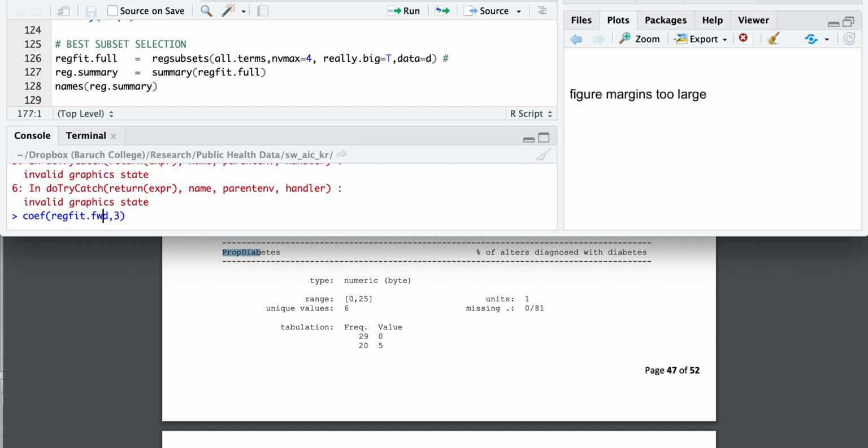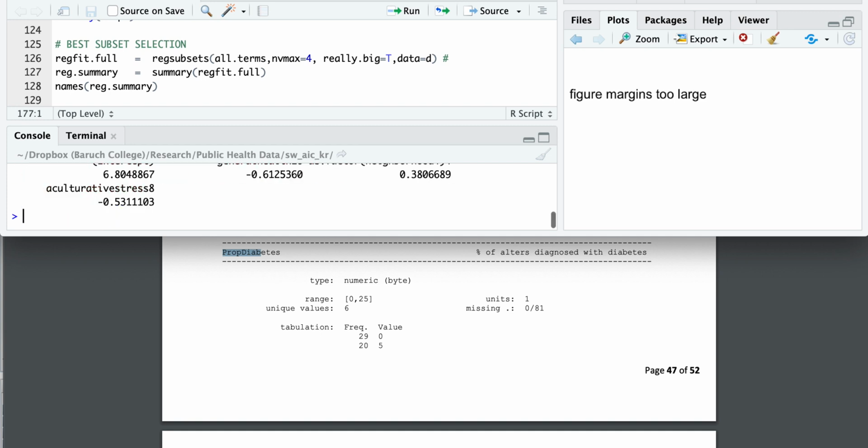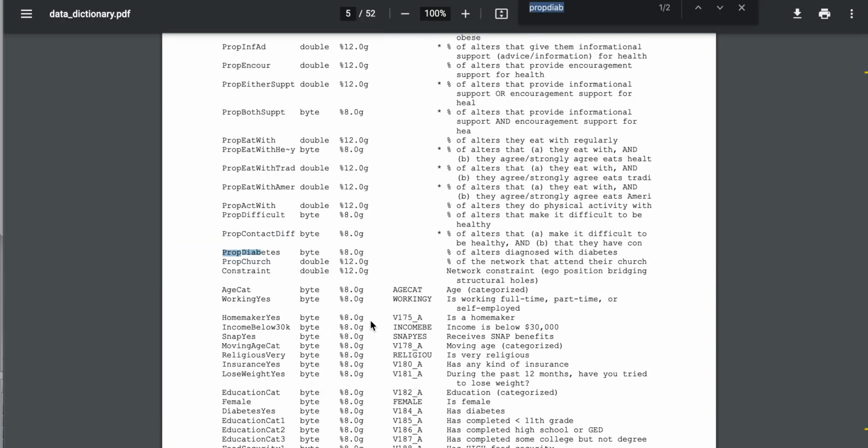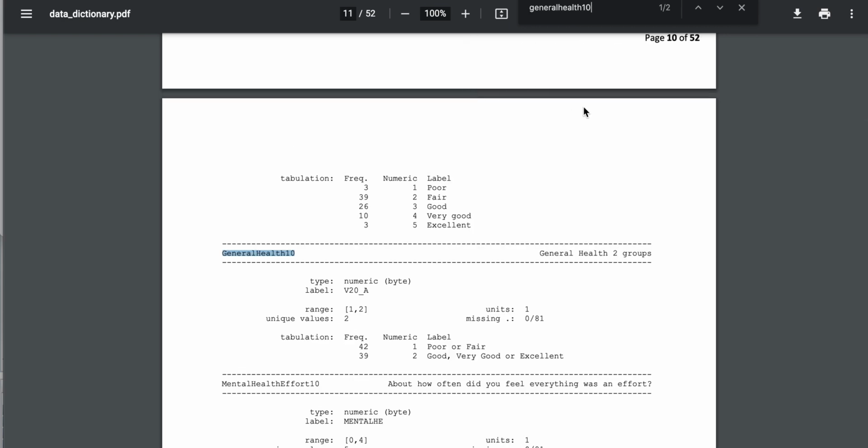And then we had backward. General health 10: poor, fair, or good, excellent.